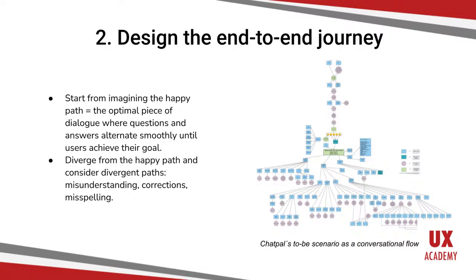I can describe this as the dialogue which runs smoothly from answer to question, from chatbot input to user input, until a user accomplishes their goal. So there's no mistake, there's no misunderstanding. There is A, B, A, B, A, B, and finally the users are able to do what they set out to do.